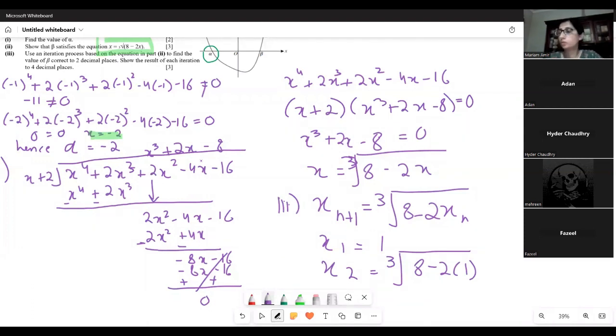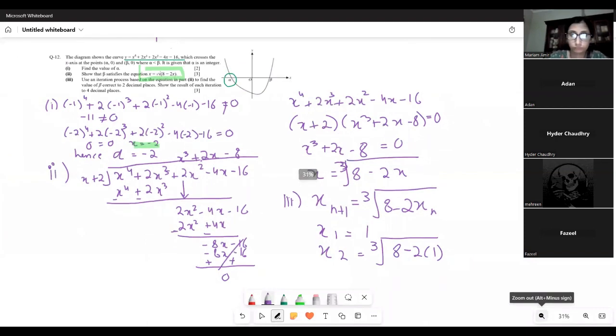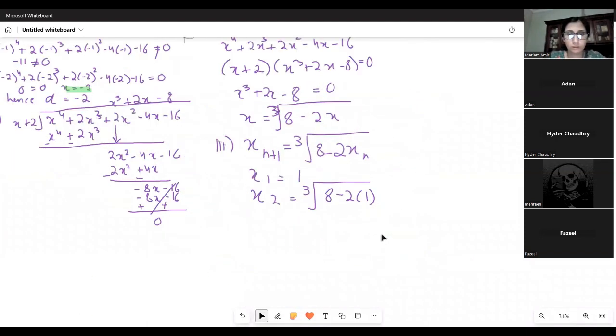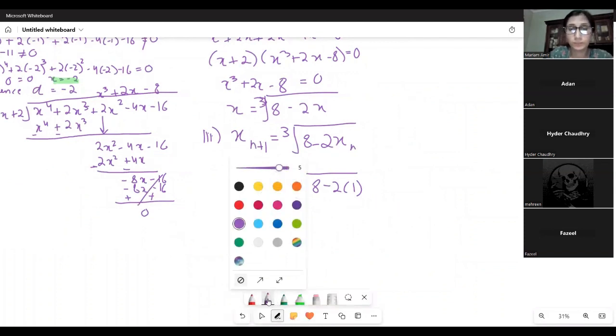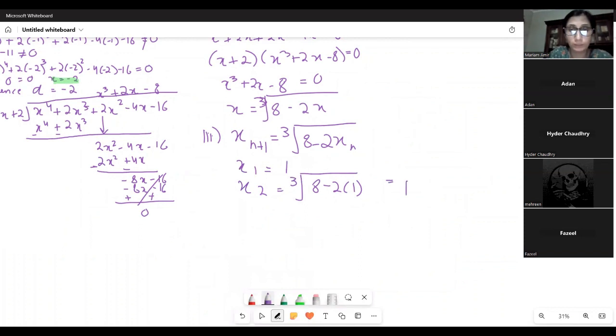So the first iteration is 1.817. You have to give result of each iteration correct to 4 decimal places. So 1.8171. The next one is going to be 1.6344.